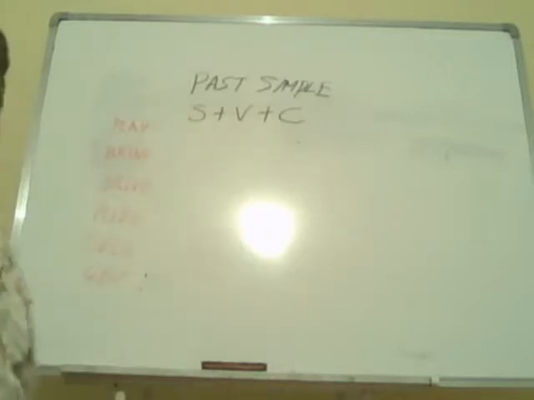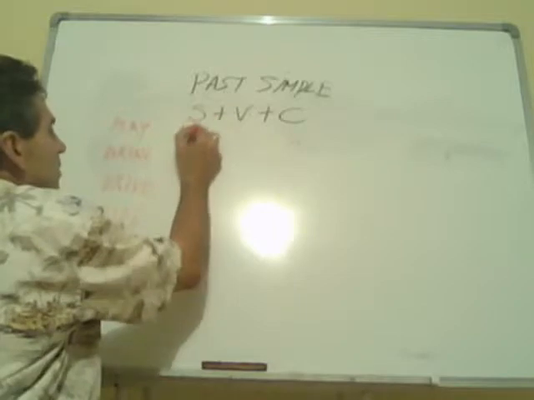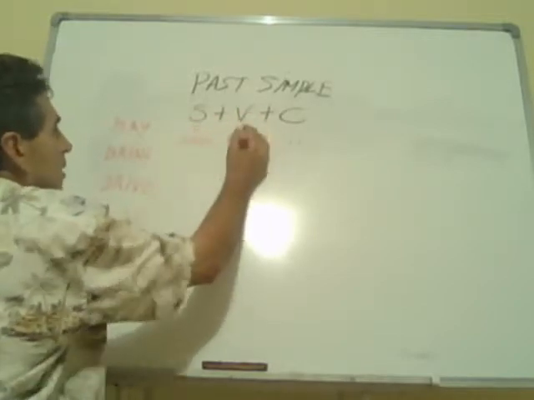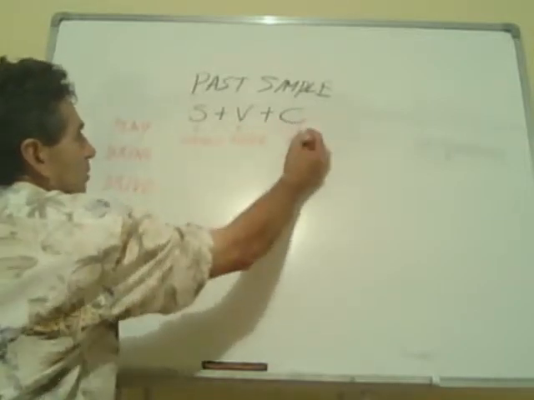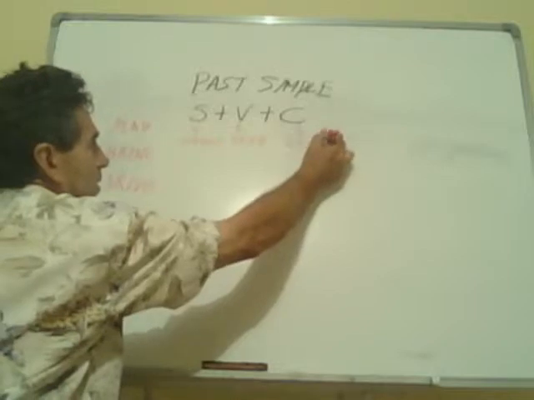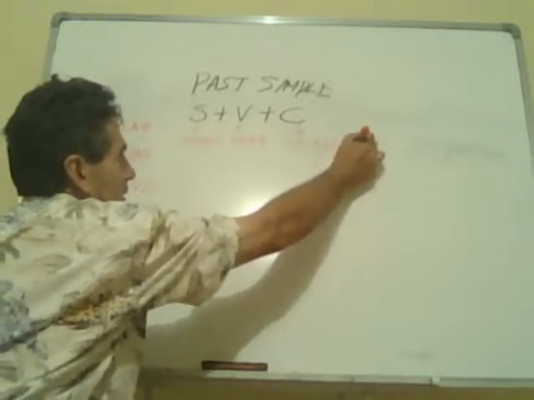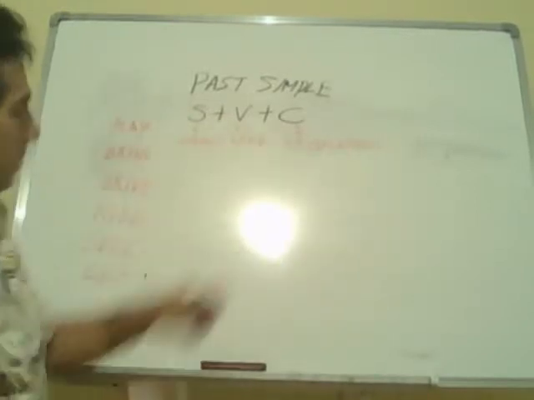For those who don't know what the S stands for, I'm going to show you what it means. This is called a subject. And this one is the verb. And this one represents the complement of the predicate. Subject, verb, and complement.